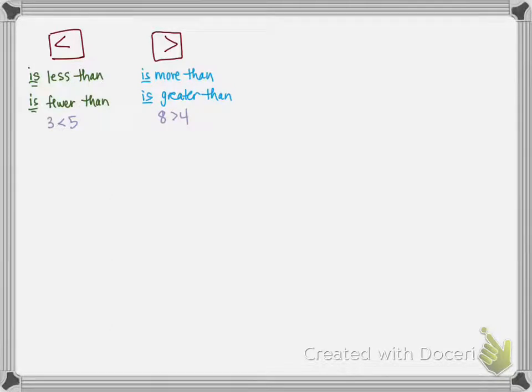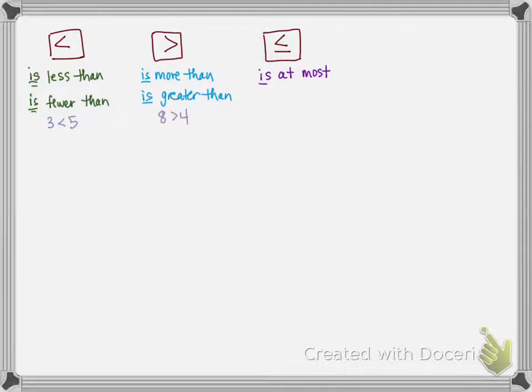Okay, let's do a couple more. Oops, we've got less than or equal to. So now these are the weird words. Okay, these are going to be a little strange, I'm not going to lie. Is at most. So at most sounds like it's going to be more, but at most means it could be smaller. So it's less than or equal to.